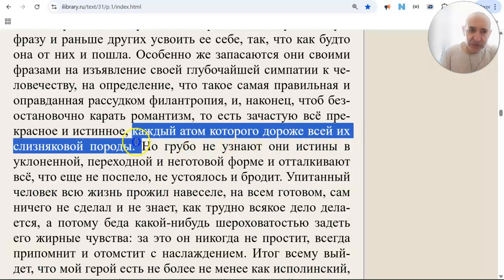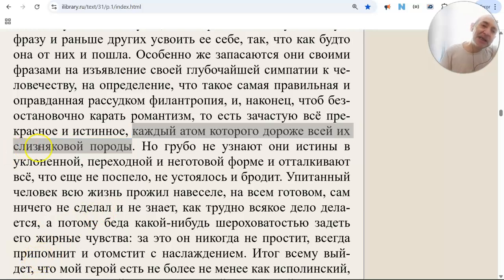Каждый атом которого дороже всей их слизняковой породы. So each atom of which relates here to все прекрасное и истинное. So each atom of all those beautiful and genuine things, дороже is more valuable. So дороже might be more expensive or more valuable, like here. Всей их слизняковой породы. All their. Now look, слизняковой comes from слизняк, which is a kind of a snail, but without a shell. Yeah, but it's a kind of a derogatory word.